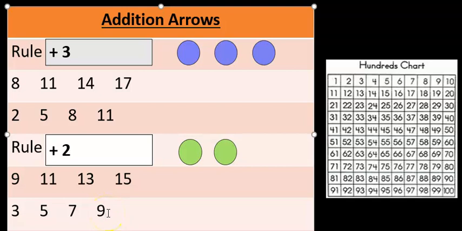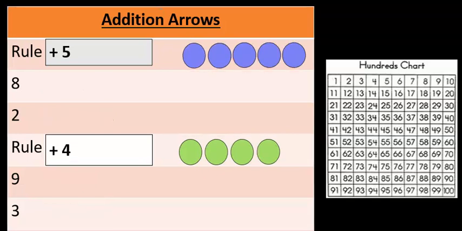Now, first graders, I want you to get now a paper and pencil. Get a paper and pencil. Once you get your paper and pencil, I want you to only copy this section here, okay?